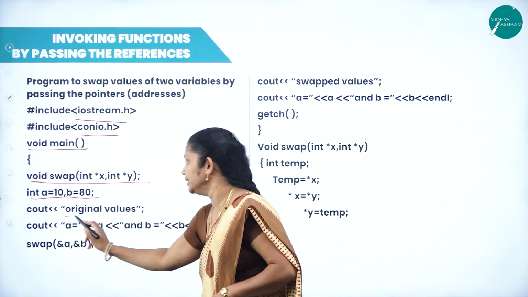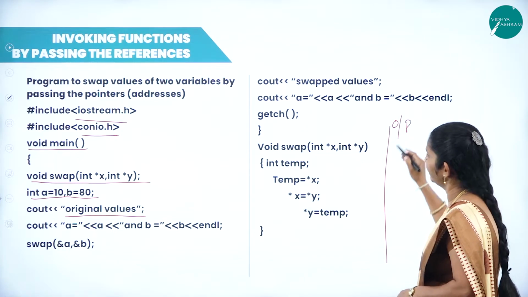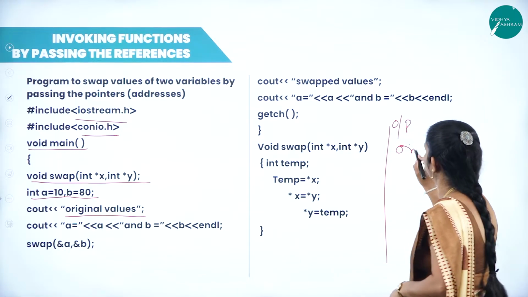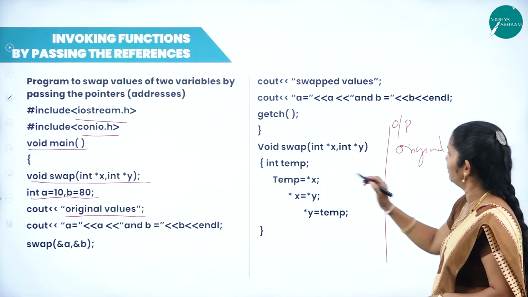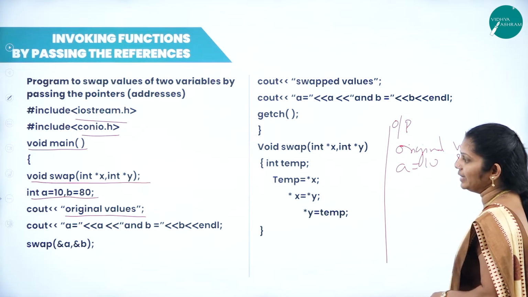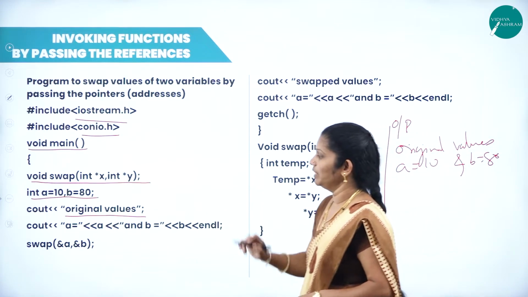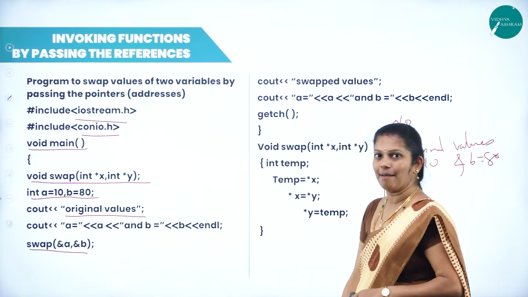Then the output screen will display the original values, that is, a equals 10 and b equals 80. Then we call the subprogram swap with ampersand a and ampersand b.